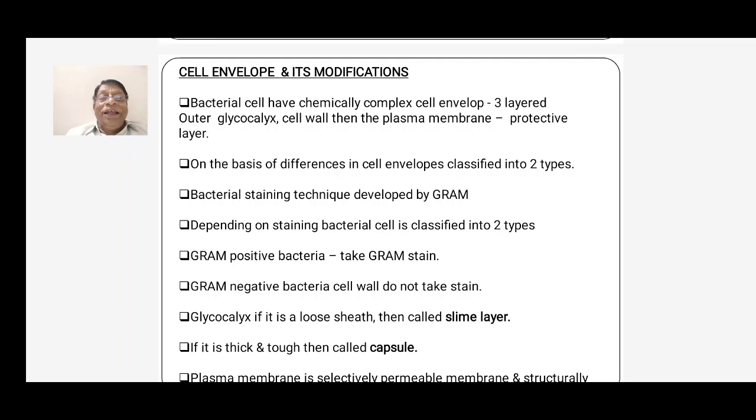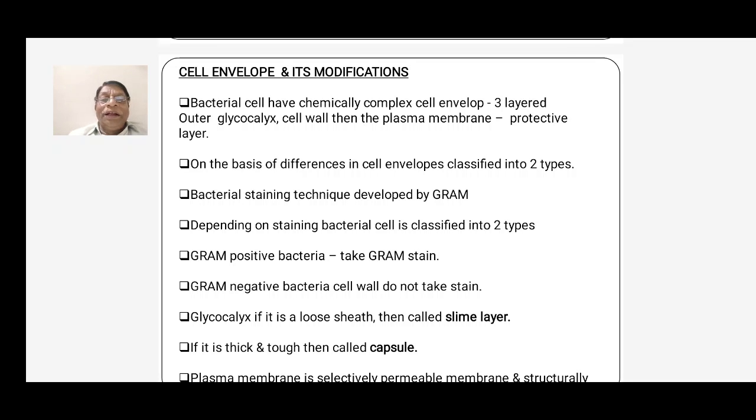When the bacterial cells are stained with gram stain, some of the bacteria take stain and others do not take stain.